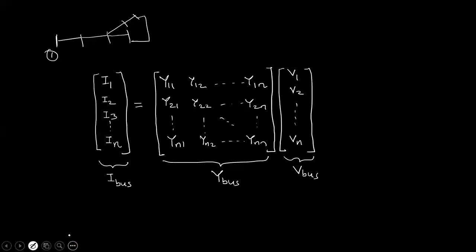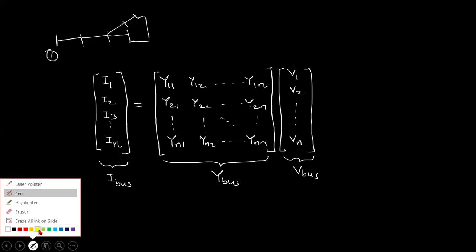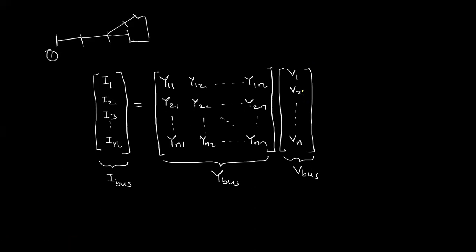Now, notice that here we are interested only in obtaining the bus voltages of all the buses except the substation bus, because the substation is what the system operator has control over, that can be maintained at a particular value, and we don't know the other bus voltages. So we are interested in obtaining this circled part of the voltages, right?